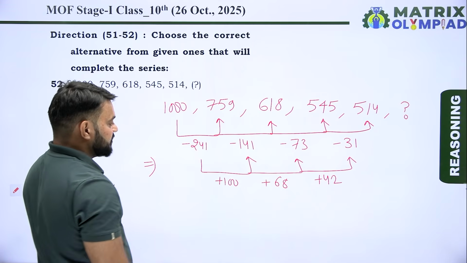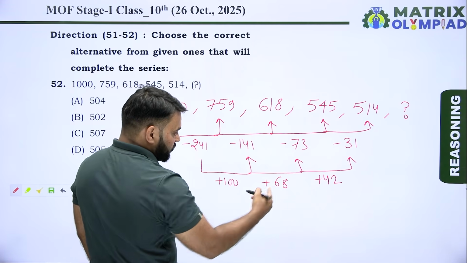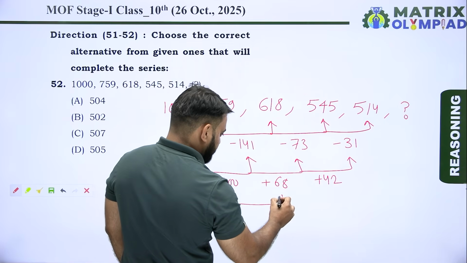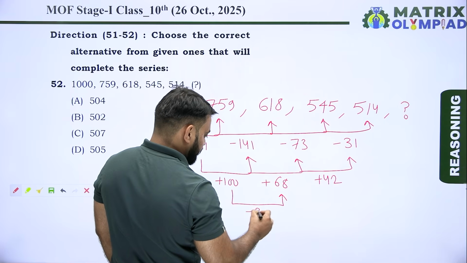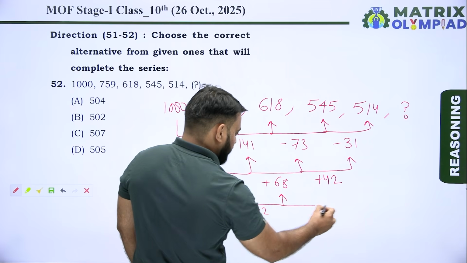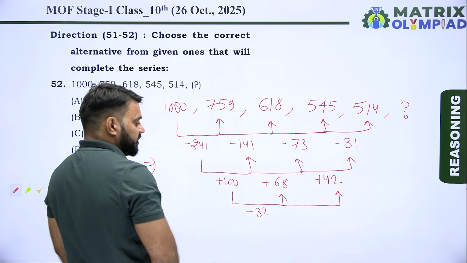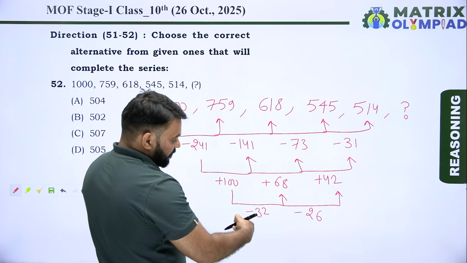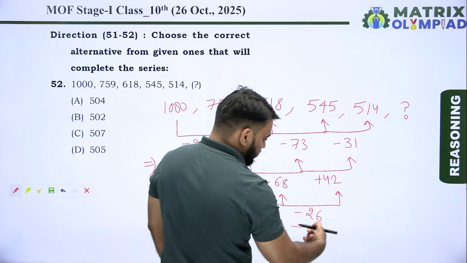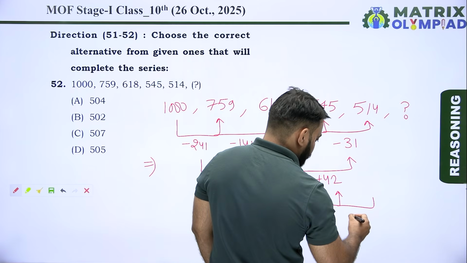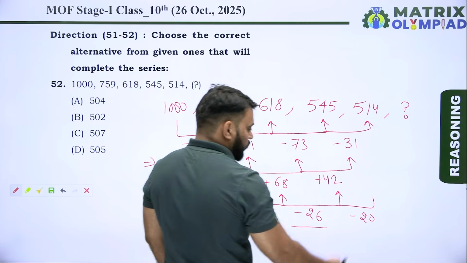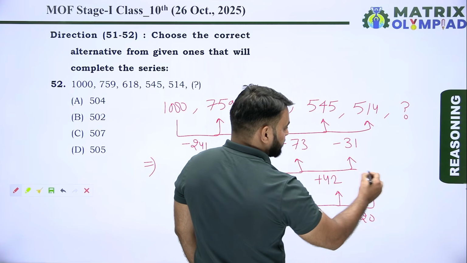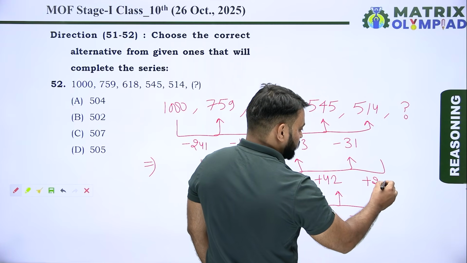इन differences का भी differences find करेंगे. 100 to 68 it means minus 32. 68 to 42 it means minus 26. So now the pattern is: पहले minus 32 हुआ, फिर minus 26 हुआ, अब minus 20 हो जाएगा. So 42 minus 20 it means plus 22.